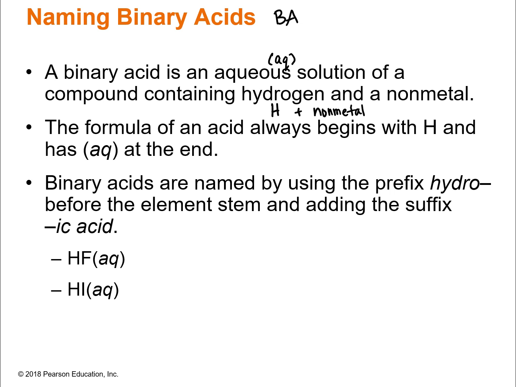When you're naming a binary acid, you're going to use the prefix hydro, which is for hydrogen, and then add the element stem of the nonmetal. So what the heck does that mean? We've got HF here and it's aqueous. You're going to start with hydro. Then you're going to add the element stem, which is like that first syllable.